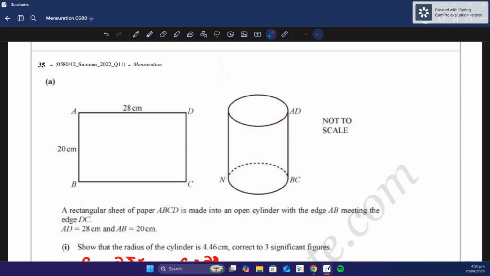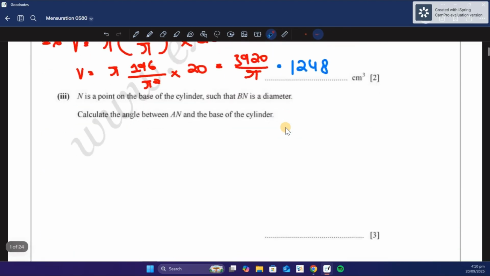So how do we do that? We could use tan. The formula for tan is TOA, opposite over adjacent. So tan theta equals opposite over adjacent.